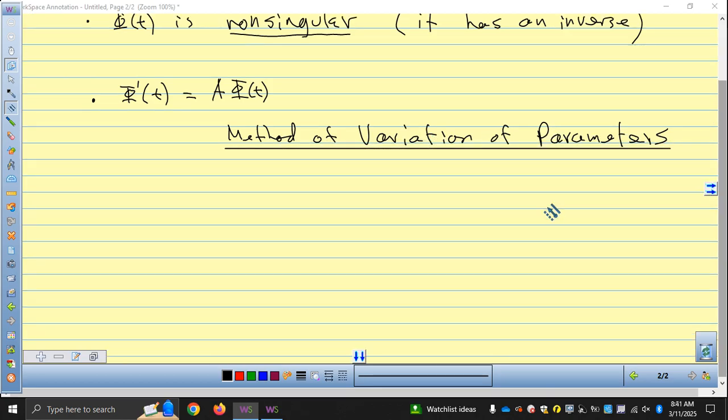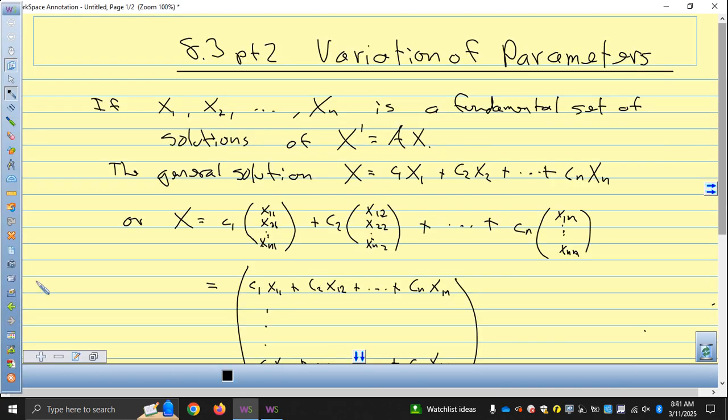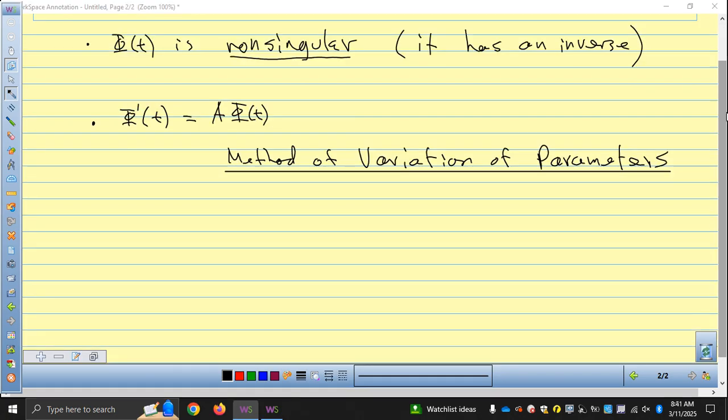So we want to replace our constants times our functions here. We want to replace these constants by some unknown functions. That's what we did in our original method. We said, well, is our particular solution made up of some function times our known solution for the homogeneous equation? We're going to do the same thing.